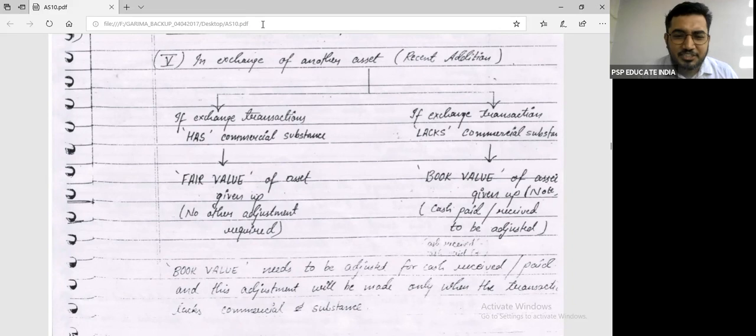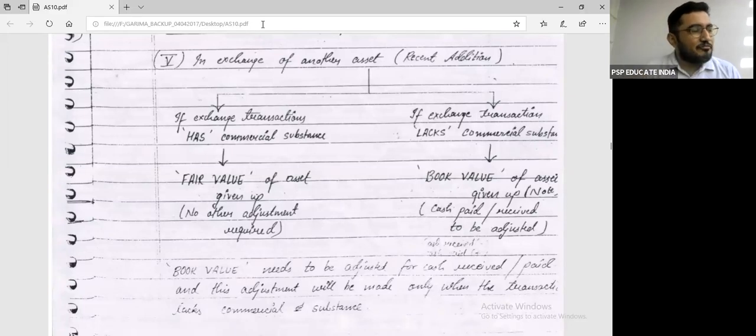Such a transaction always lacks commercial substance. Are you understanding? Such a transaction will always lack commercial substance. Okay, quickly now I am asking you a question. Based on that, I will also explain to you the further provision. So please pay attention.